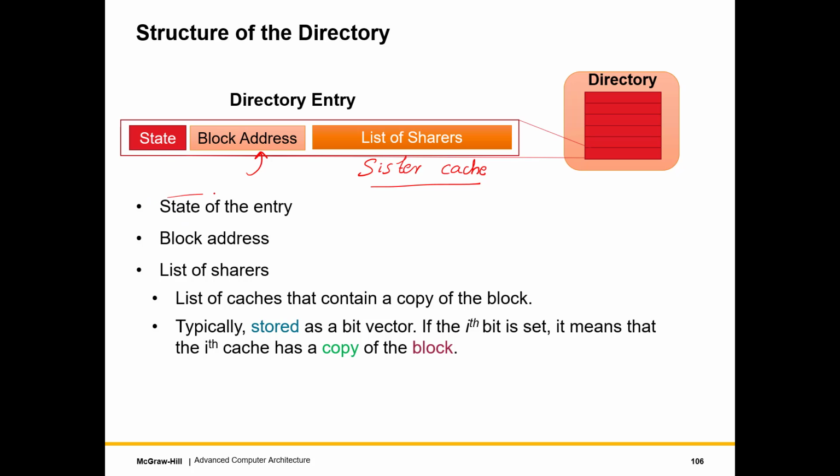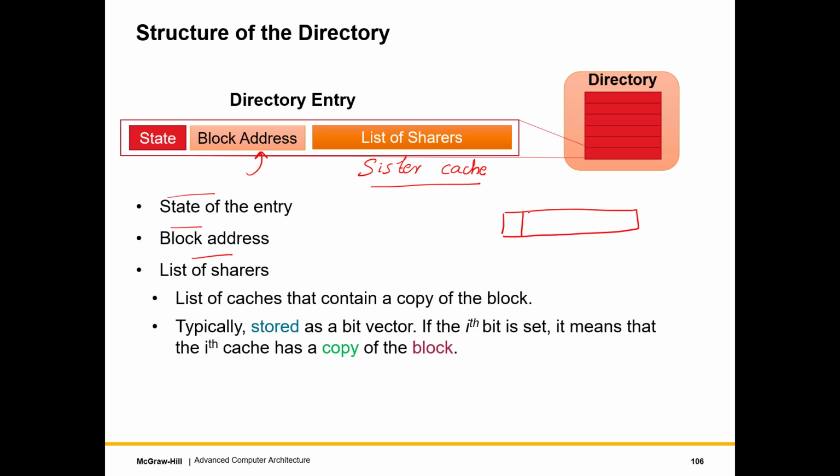So we have a state of the entry, we have a block address and a list of sharers. The list of sharers is typically maintained as a bit vector. So let's say if there are 64 cores, then we maintain 1 bit per core, where we are assuming that we have one sister cache with each core. Or let's make it general, let's say we maintain 1 bit per sister cache.